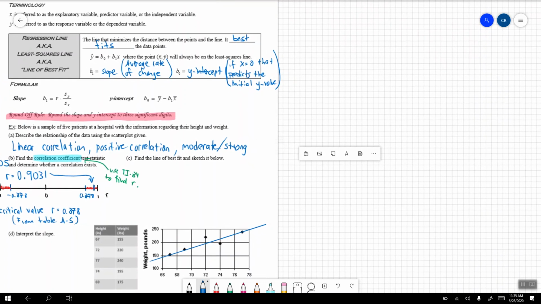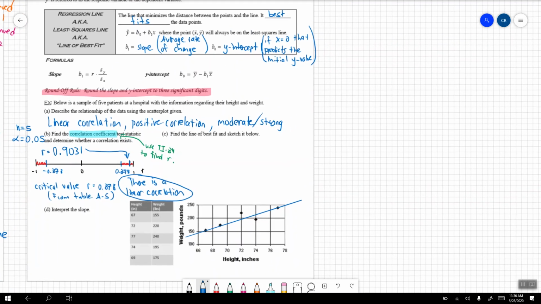There is a linear correlation. So that's my answer there.